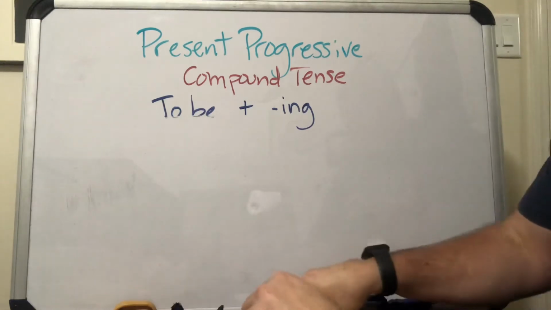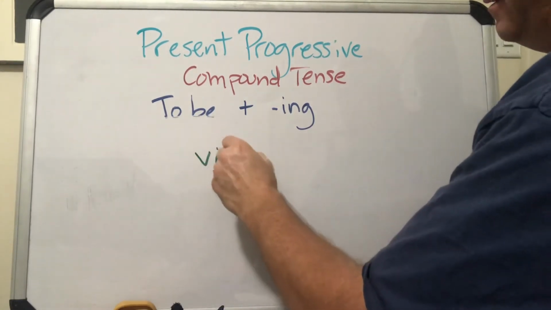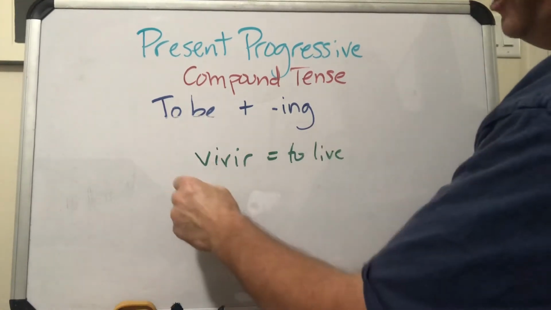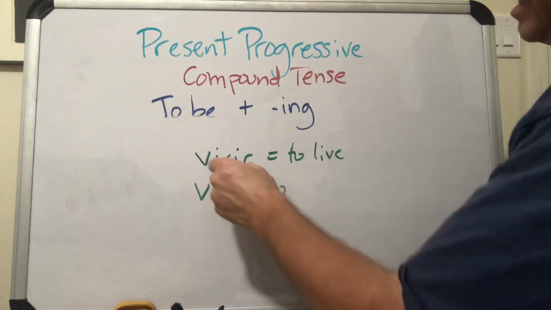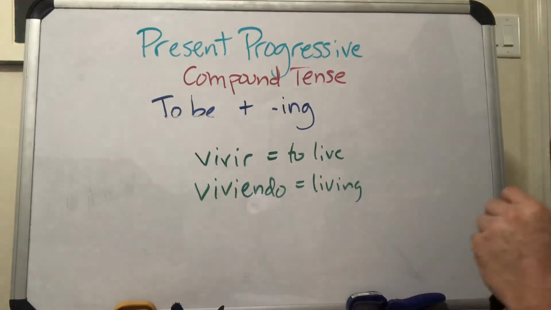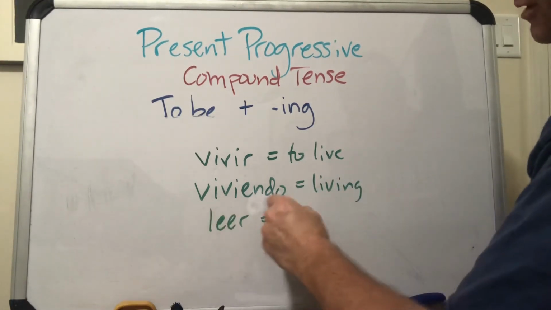Okay. So let's say we have our infinitive vivir, which means to live, and we change it to viviendo. So we change the IR to iendo. That means living. Okay? All right, let's do the verb leer, which means to read.